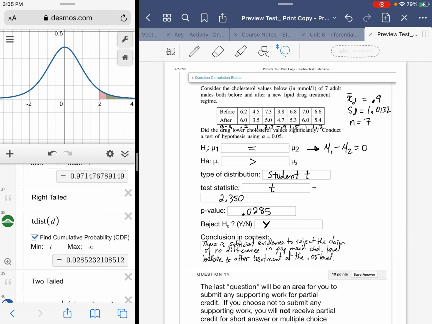Now I just got to answer the question. Therefore, the claim that the drug lowers cholesterol is going to be true.